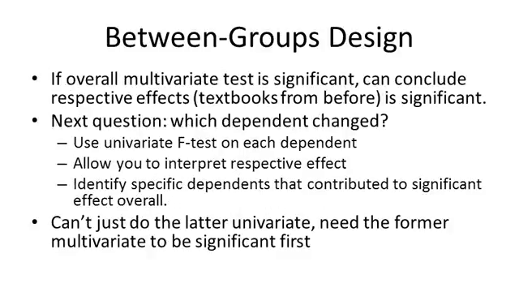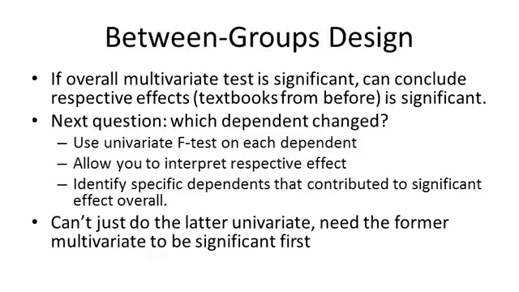Going along with between groups design, if that overall multivariate test is significant, you can conclude that the respective effect, textbooks from before, is significant. Now, the next question is, which of these dependents changed? In this case, you would use a univariate F-test on each of the dependents, or just the ANOVA for those.